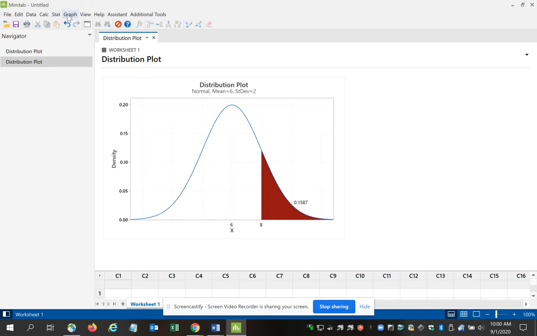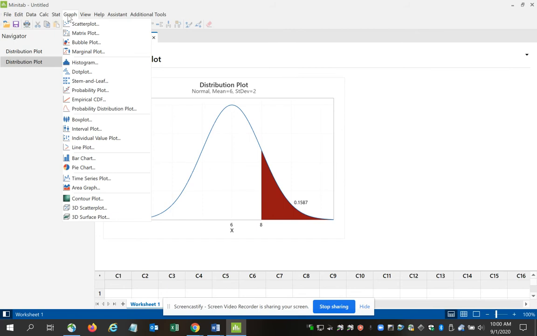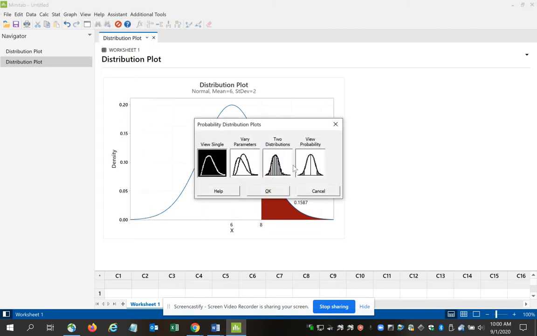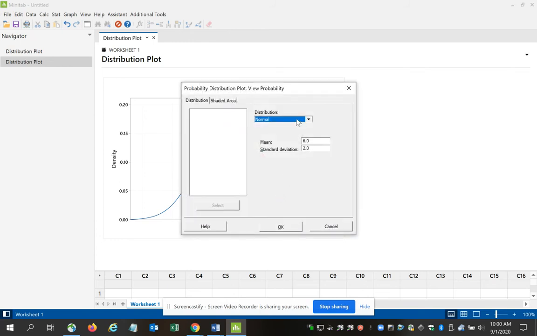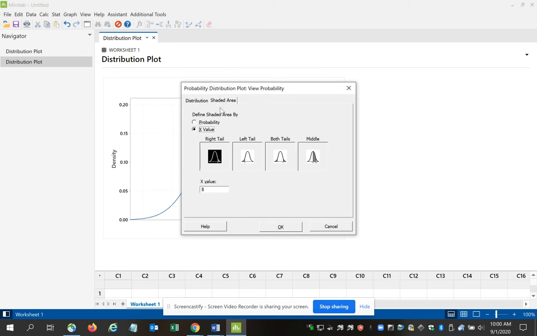So again, we go to Graph, Probability Distribution Plot. We still want to view the probability. It's normal. The mean is 6. Standard deviation is 2. That hasn't changed. Then I'm going to click on Shaded Area. Now for shaded area, it's defined by the probability. The probability is 30%, written as a decimal is 0.30. And again, we're in the left tail, because we're thinking about how long does it take, so it's kind of less than.